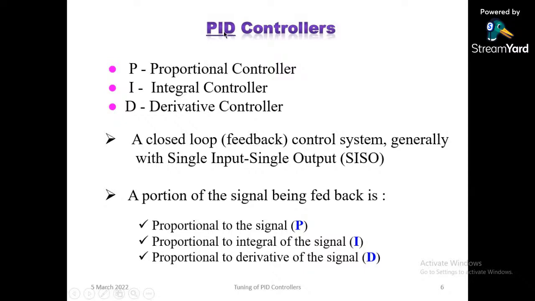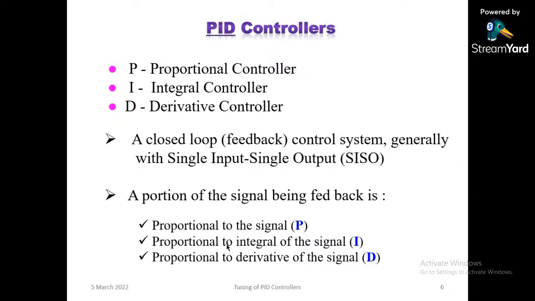Now in PID controllers, you can see here a portion of the output signal is fed back. If it is proportional to the error signal, it means I am using the proportional controller. In case of proportional controller, that signal is proportional to the error signal.